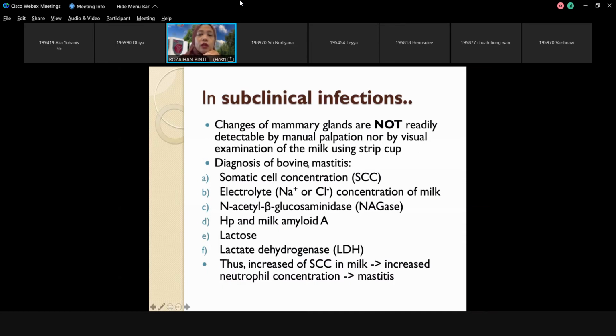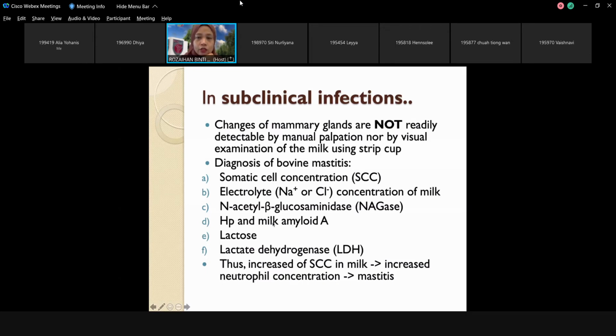Okay, so in order for you to diagnose if the cow is having subclinical mastitis or not, you can perform this SCC. Okay, you can also look at the electrolyte levels, such as sodium and chloride. You can also check for this enzyme called N-acetyl beta glucosaminidase. You can also perform the acute phase protein.